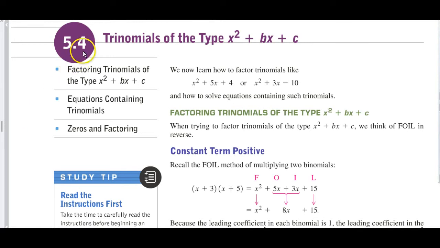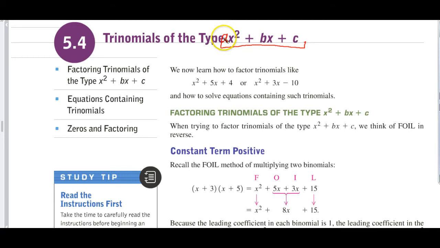We're going on to topic 4 now of chapter 5. We're going to look at trinomials of the type x squared plus bx plus c, keeping in mind that if we put an a there, this is referred to as the standard form of the quadratic expression.